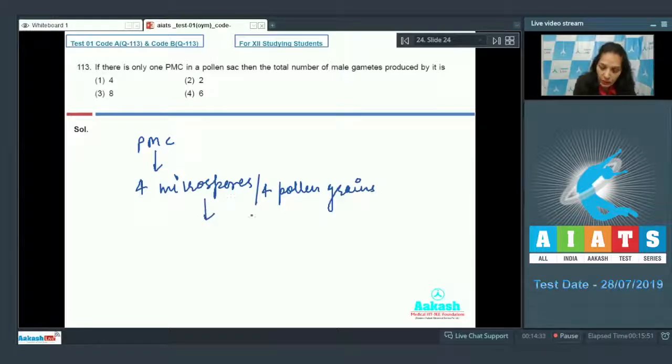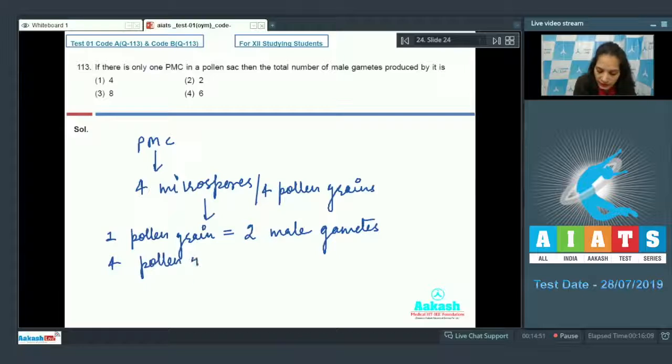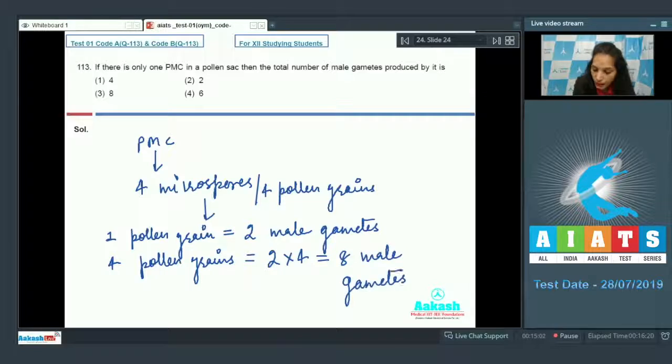And now one pollen grain produces 2 male gametes, because the generative cell divides and produces 2 male gametes. Then definitely 4 pollen grains will produce 2 into 4, that is 8 male gametes. So 1 PMC gives you 8 male gametes. So the correct option for the given question is option number 3. Let's see the next one.